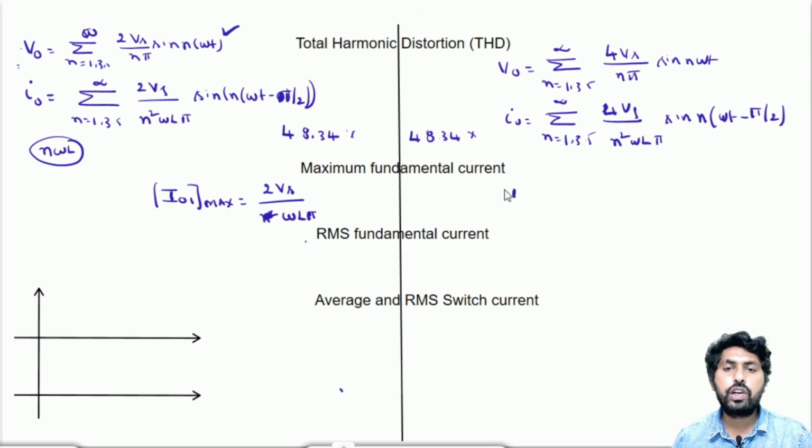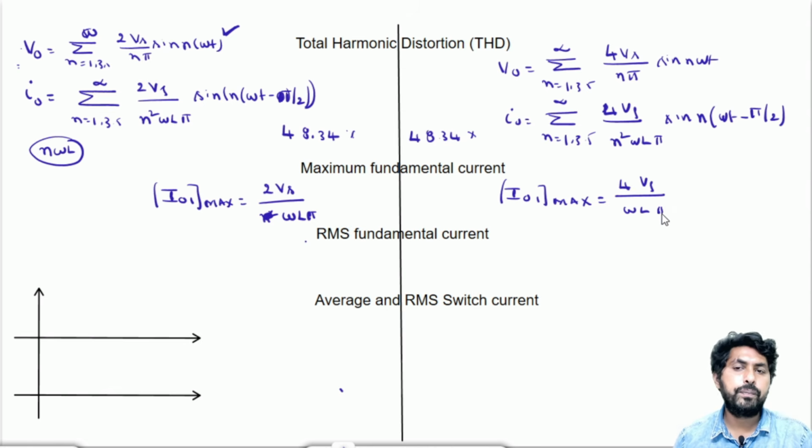So here I01 max will be 4 Vs by omega L into pi.